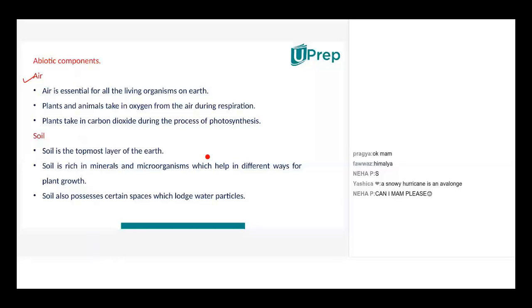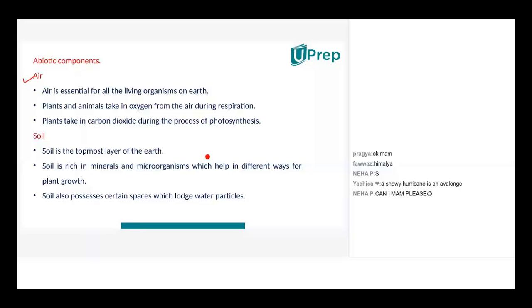Read out all the 3 points and then you can explain. Air is essential for all the living organisms on Earth. Plants and animals take in oxygen from the air during respiration. Plants take in carbon dioxide during the process of photosynthesis.